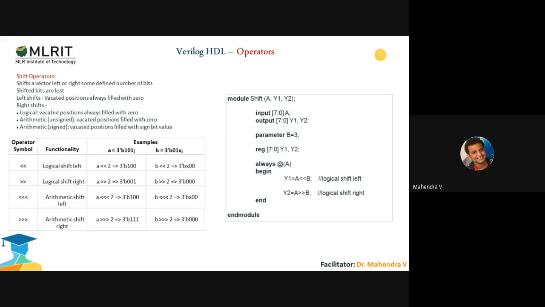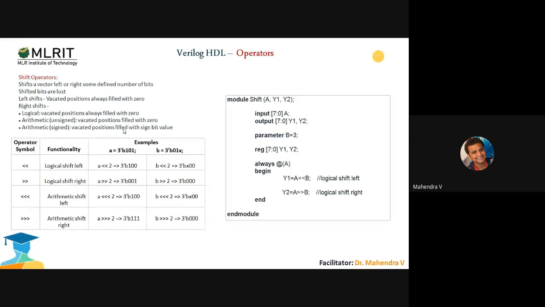A negative value should remain negative. That's why, while filling the MSB bits in the right shift, we follow this: if it is logical, we fill with zero. If it is arithmetic and unsigned, fill with zero. If it is signed, fill with the sign bit of the value. How will you differentiate signed and unsigned?